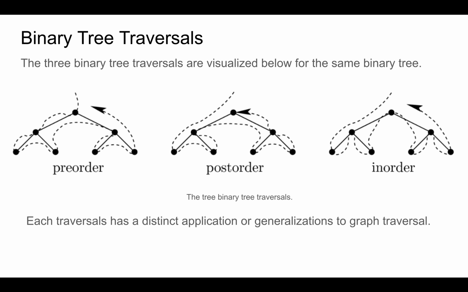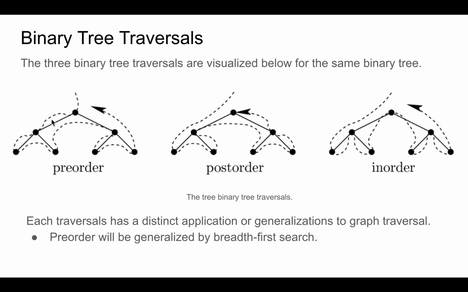So each traversal has a distinct application or generalization to graph traversal. Inorder obviously has the advantage of traversing the nodes in order of their values from least to greatest. Preorder will be generalized by a breadth-first search.